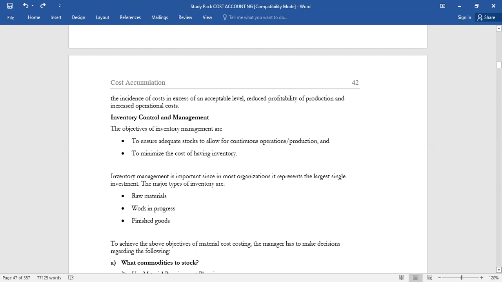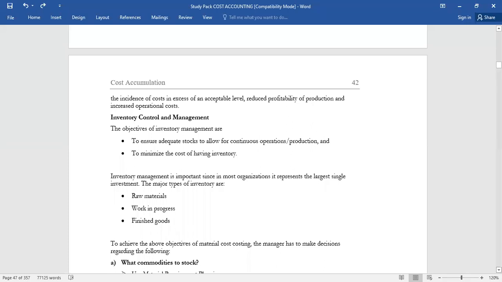And this now will give us leverage on lower pricing, and we scoop our part of the market. So inventory management is important, and it represents the largest single investment that a company will hold.